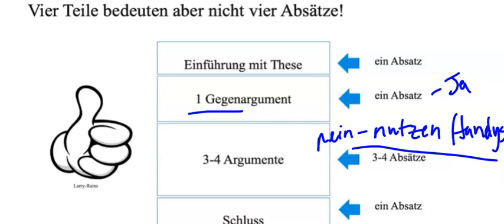Then 3 bis 4 Absätze, so then it might take you 3 to 4 passages or paragraphs with the Argumente. So now what are you trying to persuade people? Why should you? So if we're using a sample of: Sollen Schüler Handys in der Schule nutzen?